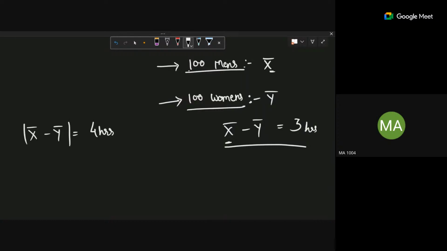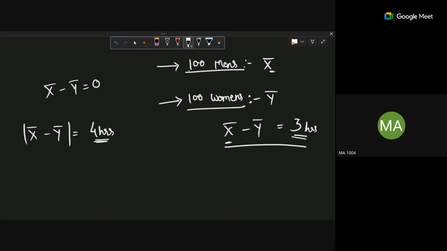So for that, we should have some window for this difference, right? It should not be that if it is 3 and 4 hours, we claim that the time spent on social media is not the same for them. And it's very rare that you will get x bar minus y bar equal to 0, meaning the time spent on social media by men and women is the same.